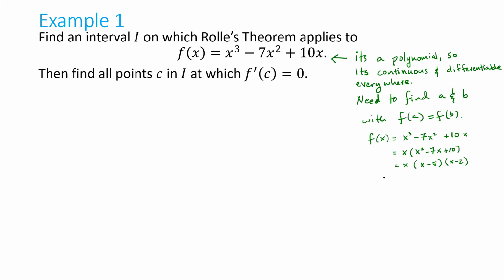So let's just choose an interval. I'm going to choose an interval from 0 to 5. We see that f of 0 is equal to f of 5, because just plugging in those values here, we get 0.